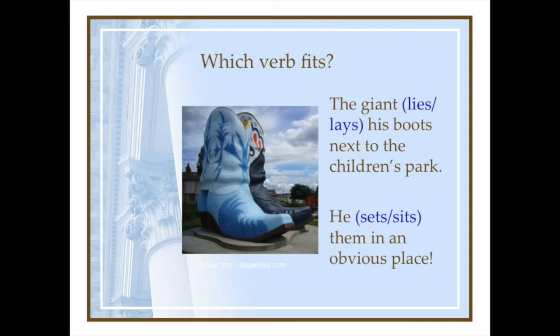You can find this bathroom near a park in Seattle. Which verb fits in these sentences? Look back at your chart if needed. The giant lies or lays his boots next to the children's park. He sets or sits them in an obvious place.